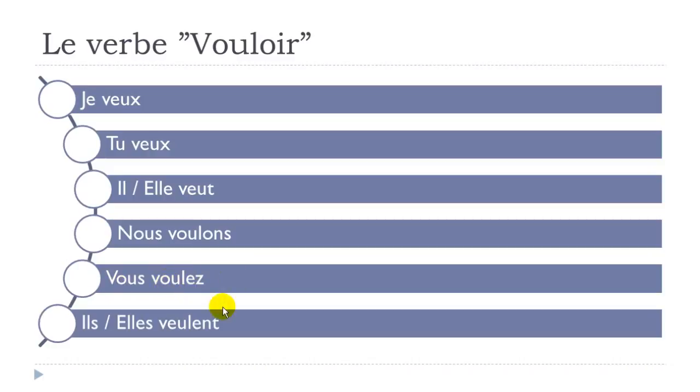And the last one, here, EU, and then ENT, classic ending, but then you don't pronounce it, so you get veulent. Ils veulent, elles veulent. Okay, so let's repeat it one more time. Je veux, tu veux, il veut, elle veut, nous voulons, vous voulez, ils veulent, elles veulent.